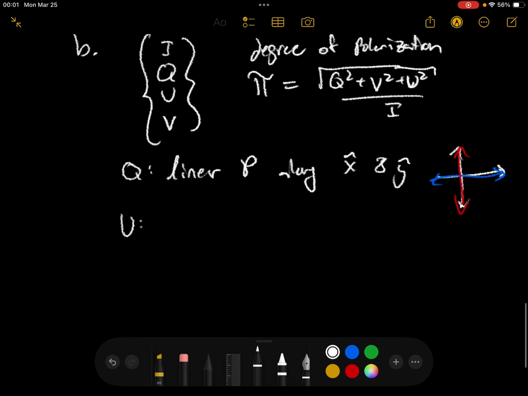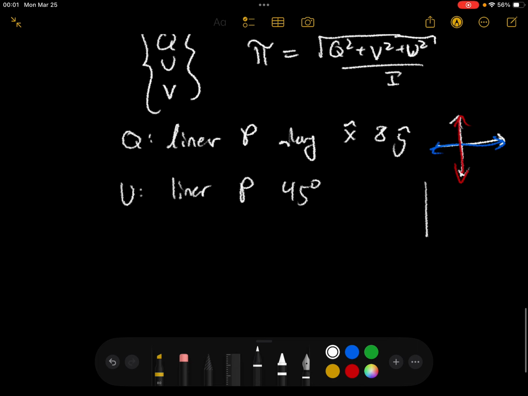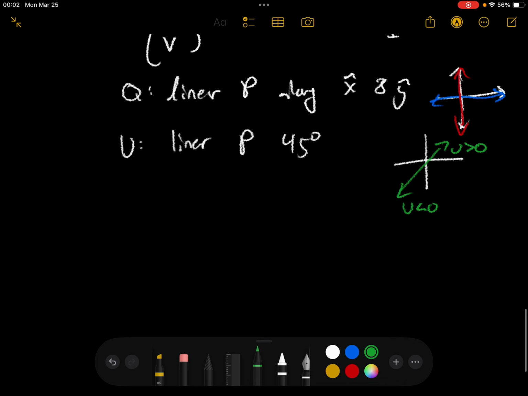U is linear polarization along 45 degrees. So that would be sort of like here, where U is less than 0 or U is greater than 0, depending if we're going up or down.